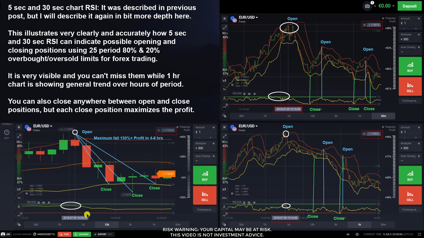Also look at the same time when the 1 hour chart is swimming at either the top or bottom of RSI. It is a first sign it is going to reverse to the other end. But the 1 hour chart is, like I said, a long chart.